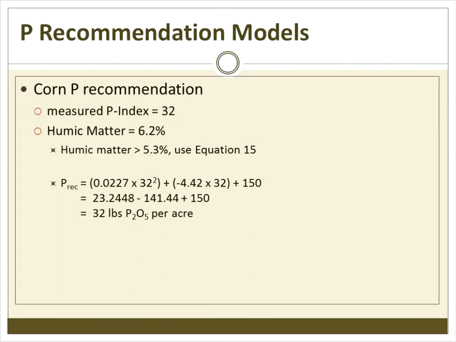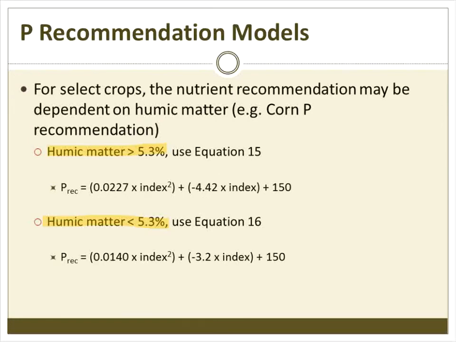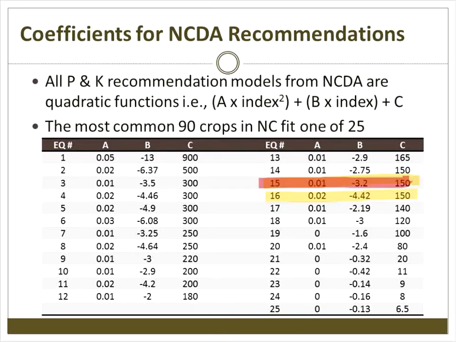The reason is that you have your index and you have your organic matter. So all you have to know is which one of these equations you would use to now solve for your corn as opposed to your sorghum. So we'll change and use that set of coefficients.